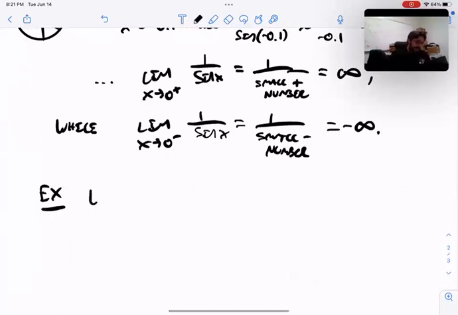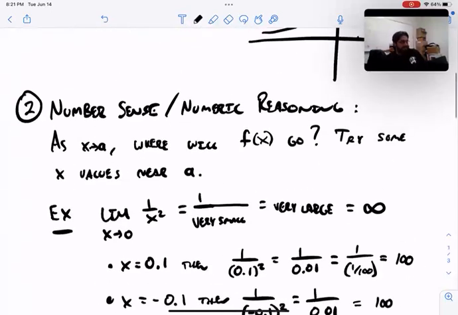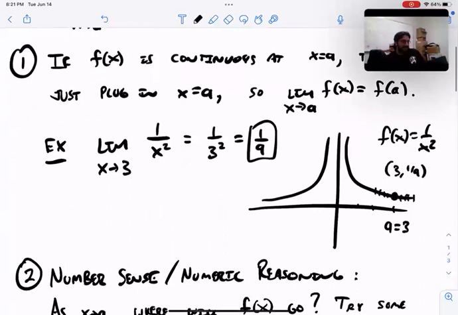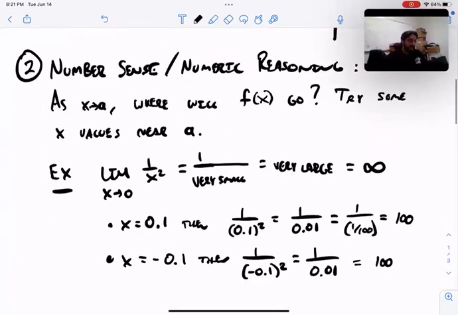Suppose I had the limit as x goes to infinity of, say, e to the minus x plus e to the x. Okay, this is my limit that I'm trying to calculate. Well, again, I can't really just plug in. I can't do it like case 1 where I just say it's continuous, just plug in the value. I can't really get away with that because here I have a limit to infinity, right?